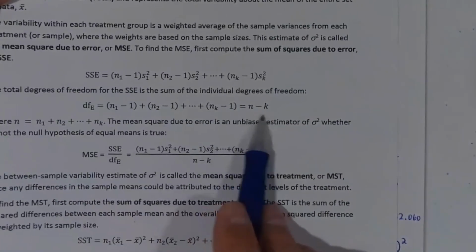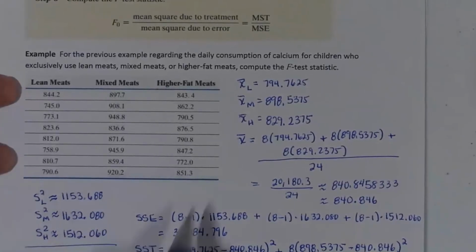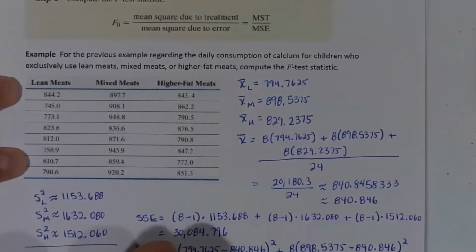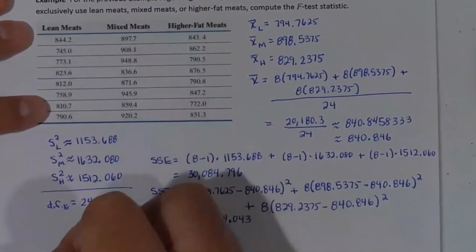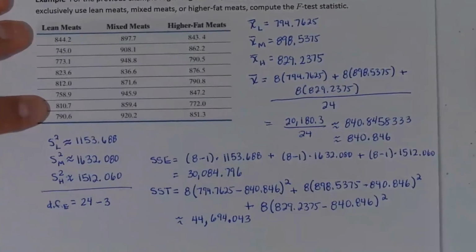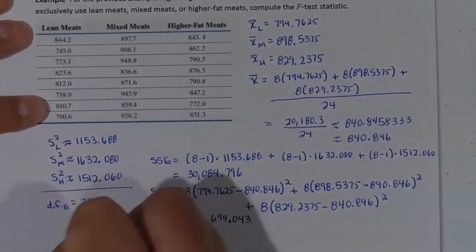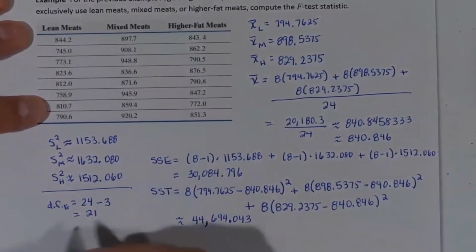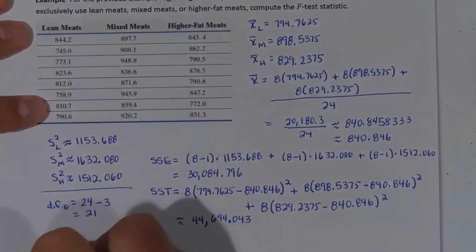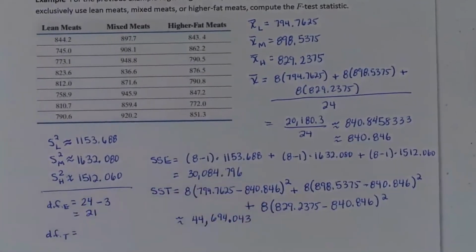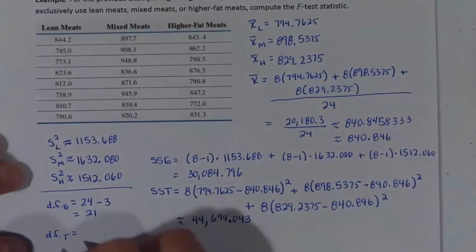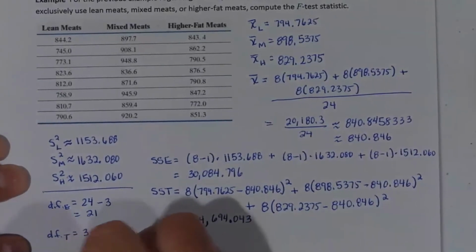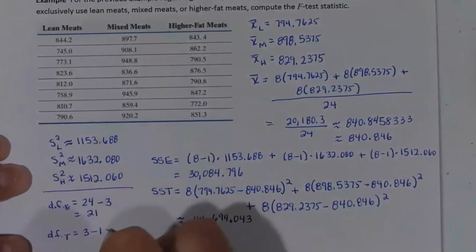That is equal to N minus K. In this case, we have a total of 24 data values, that's the N, and we have 3 groups, so minus 3. So there are 21 degrees of freedom due to error. And the degrees of freedom due to treatment is K minus 1, the number of groups minus 1, so 3 minus 1, which is 2.